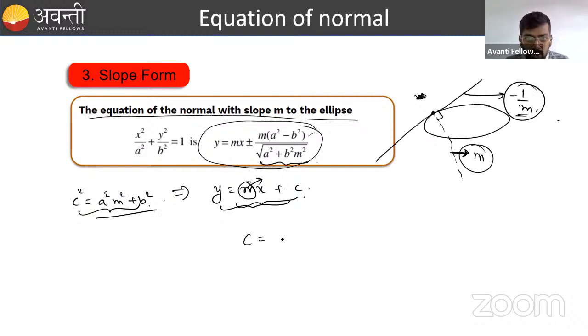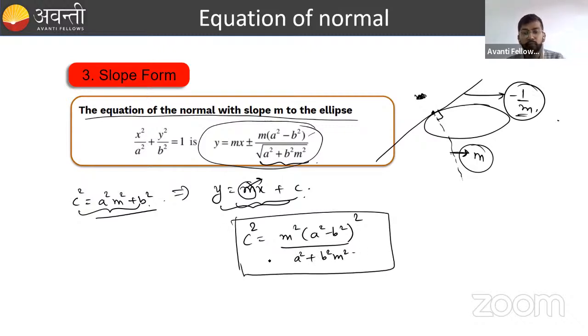So that c square is equal to m square into (a square minus b square) whole square upon a square plus b square m square. So this is the condition when this line will be the normal to the ellipse. Okay, and the slope of this normal will be m.